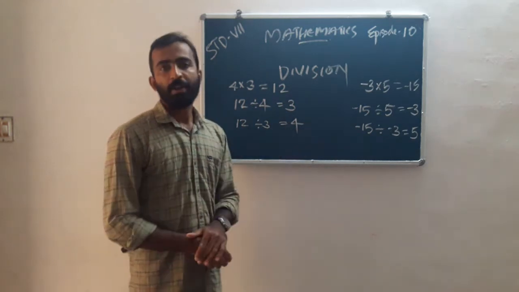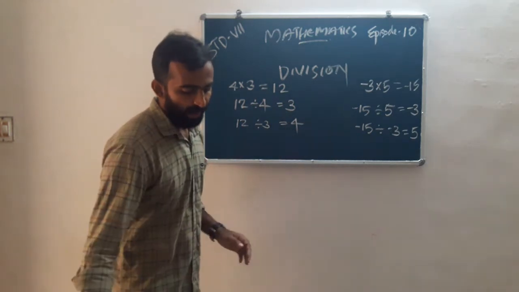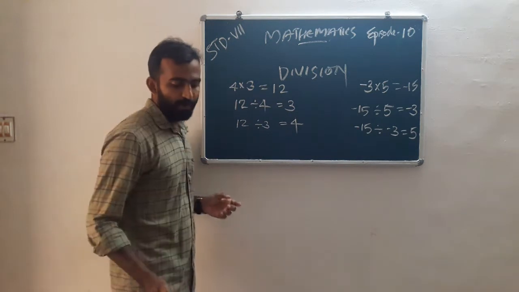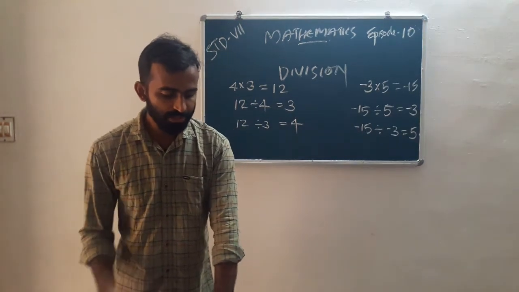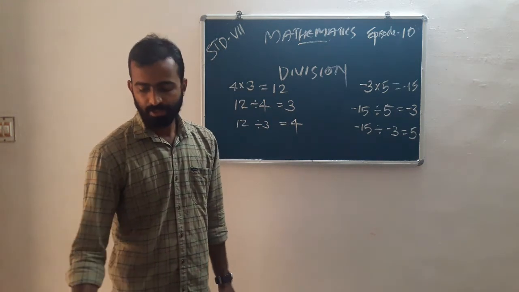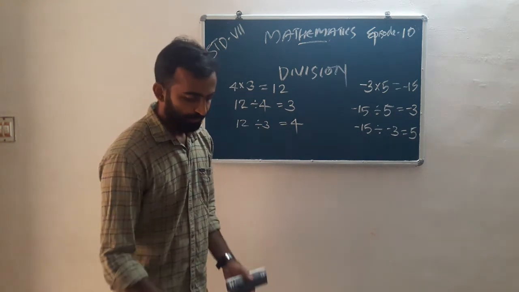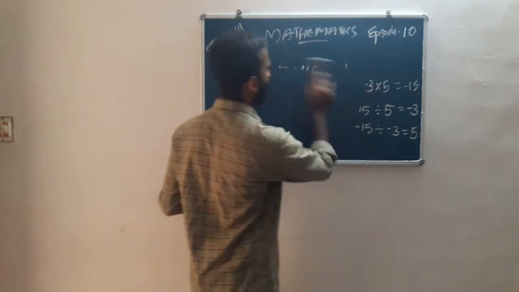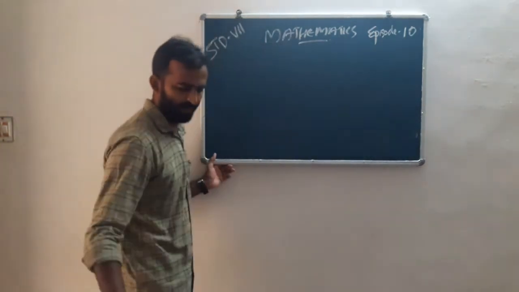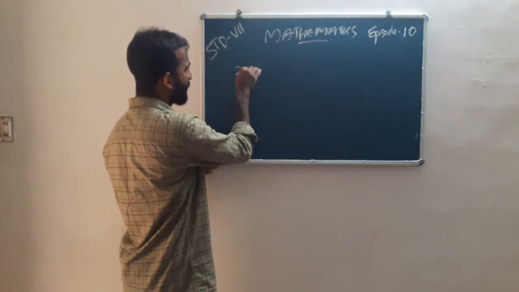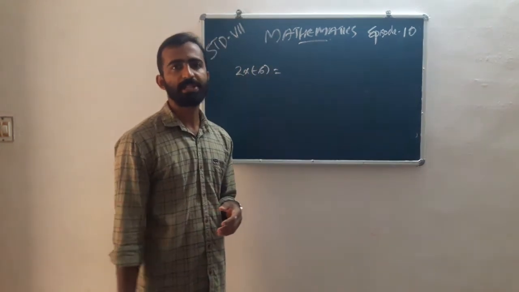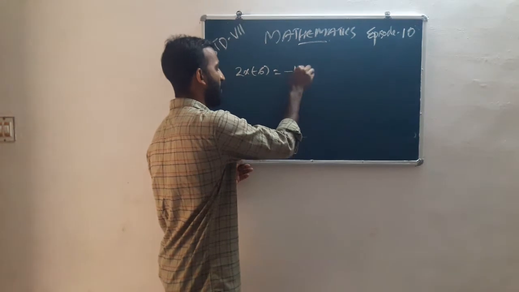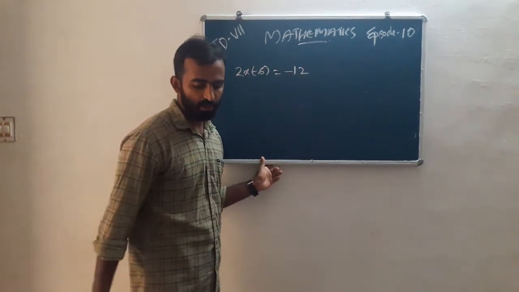That is the property. And for more examples, on your page number 22, there is a table. We want to complete that. Can we start? Okay. 2 into negative 6 equals what? We get negative 12.